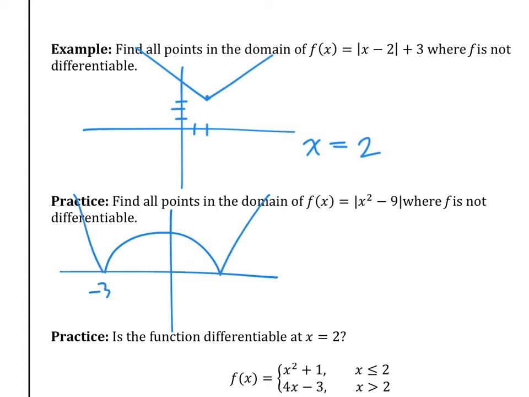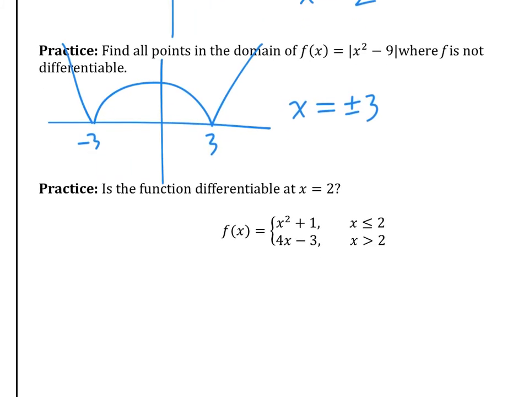So this is -3 and 3. Where is it not differentiable? You've probably already guessed it. It's going to be at plus or minus 3. Those 2 points are sharp corners, so it's not differentiable.